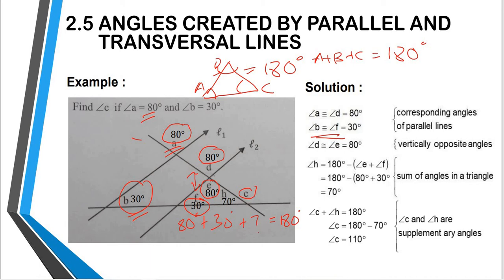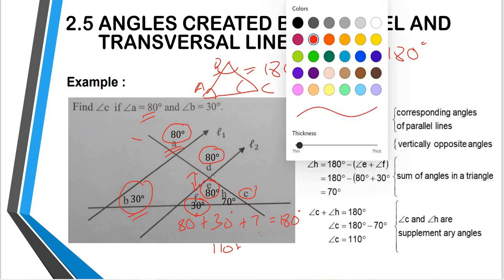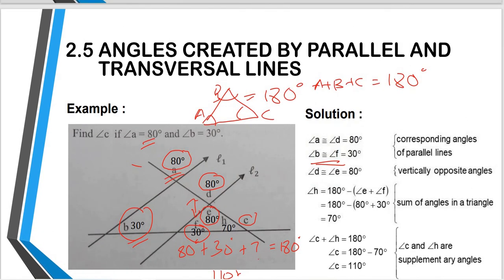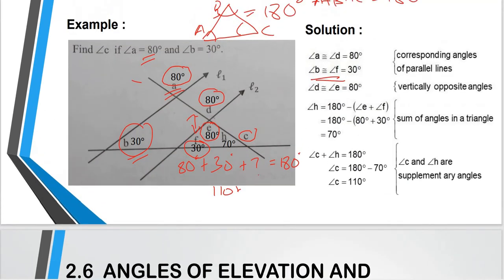So, 80 plus 30 is 110 plus H lah. Kita letak H lah terus kat sini. Must be equal to 180 degree. So, what is H? Left hand side minus dengan 110. Right hand side also minus 110. So, H is equal to 70 degree. So, saya tahu H kat sini adalah 70 degree.